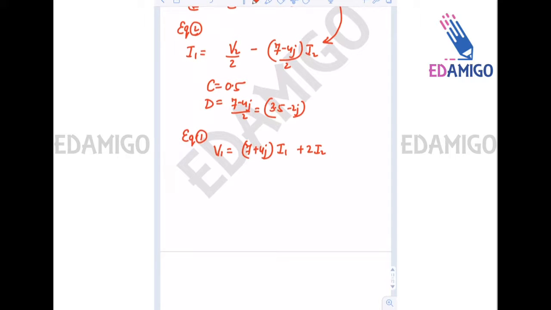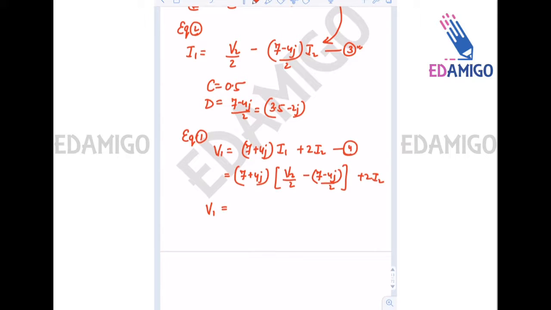Let us say this is equation number 3, and this is equation number 4. Replacing I1 from 3 into 4, we get V1 equals (7 plus 4j) times [V2 upon 2 minus (7 minus 4j) divided by 2 I2] plus 2 I2.